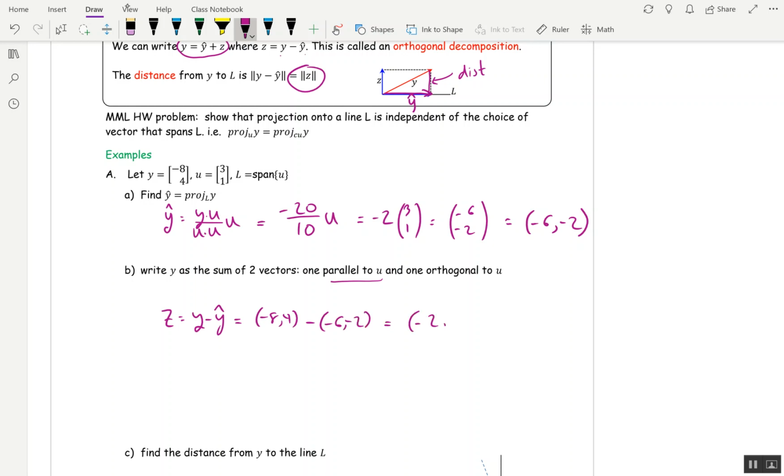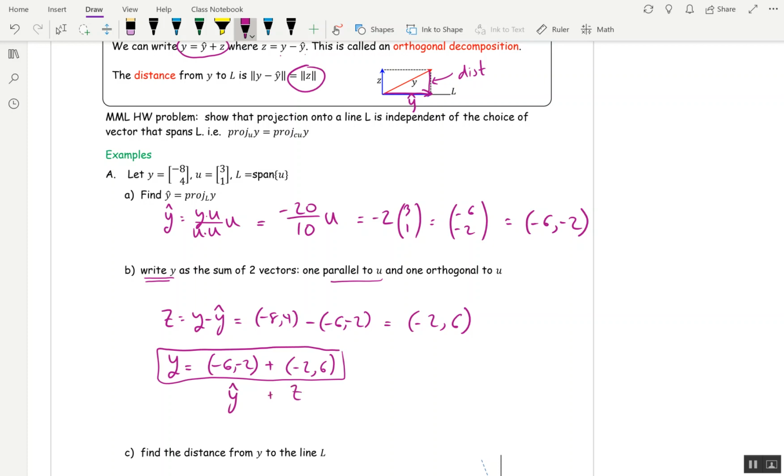So that's -2 and then 6. And then we found the two pieces, but we have to do what we're instructed to do, which is to write y as the sum of two vectors. So y is equal to y hat, which is -6, -2, plus z, which is -2, 6. So this is y hat, and that's z.